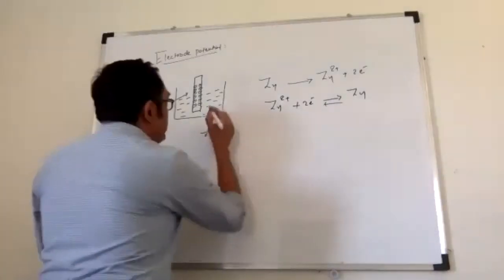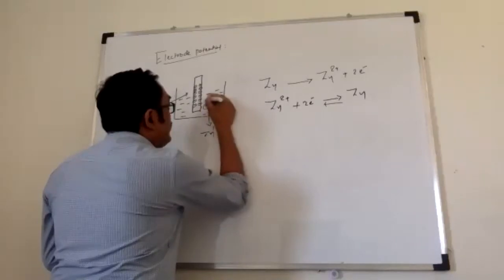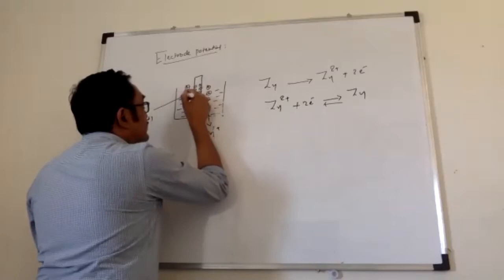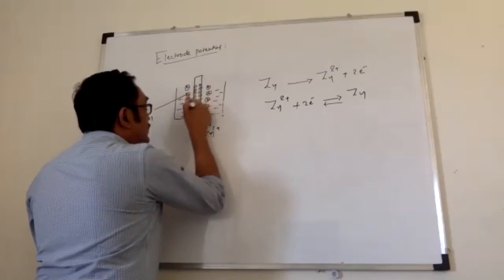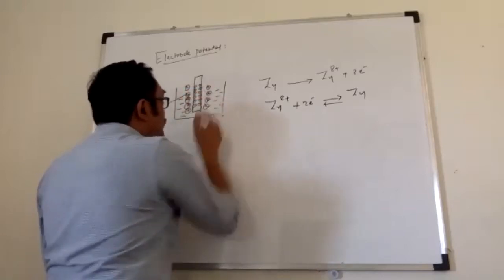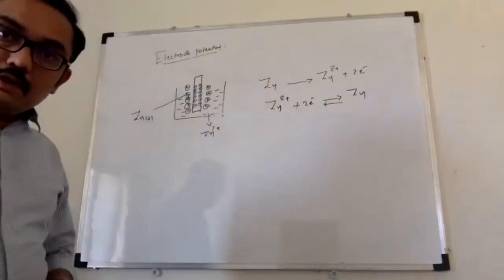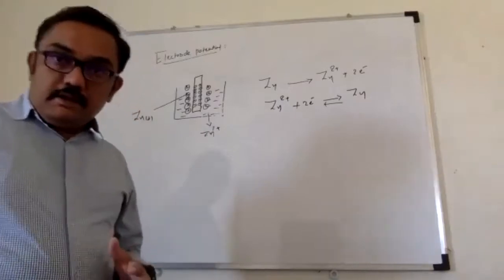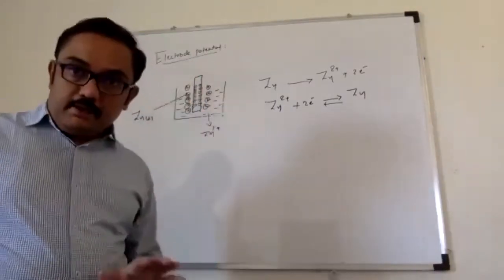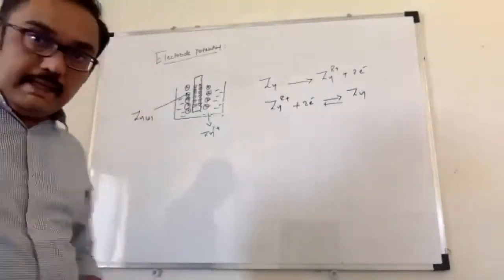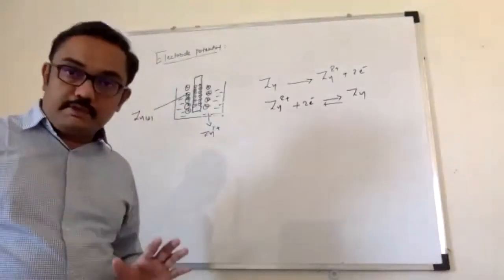And in the solution, there are positive Zn ions. So there are electrons on the metal rod as the metal has lost electrons, and there are positive ions in the solution.